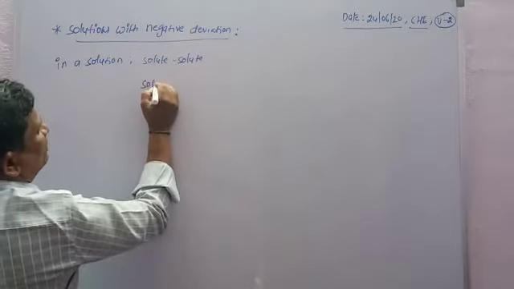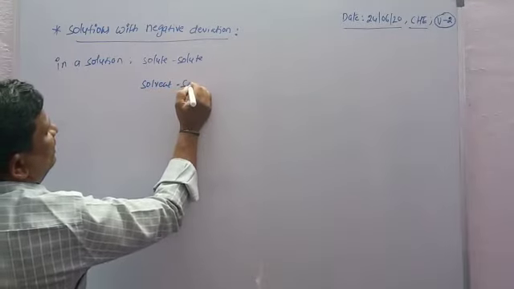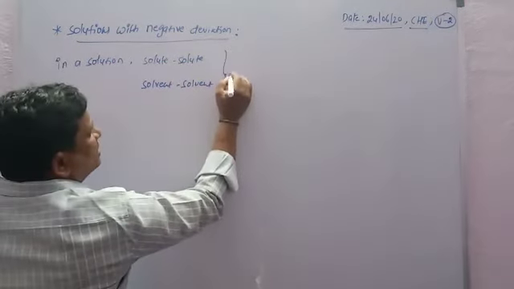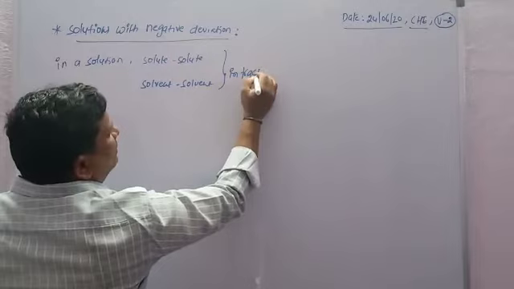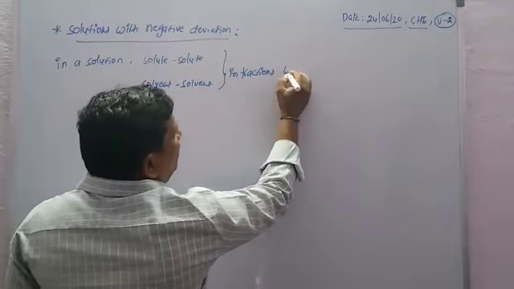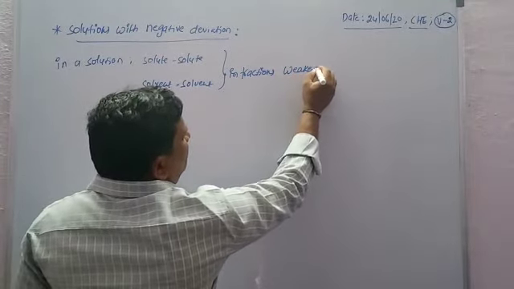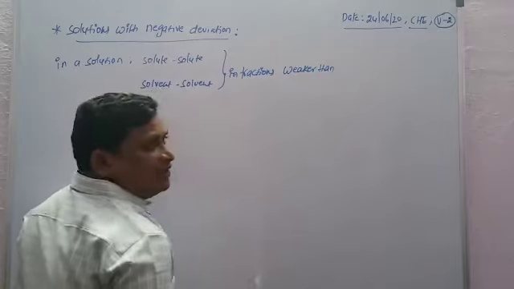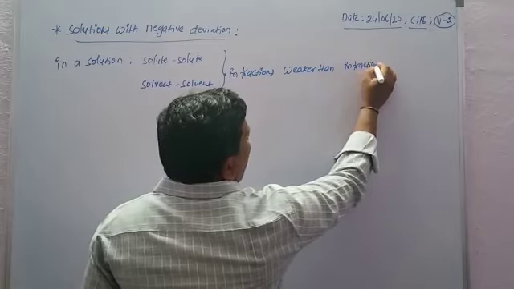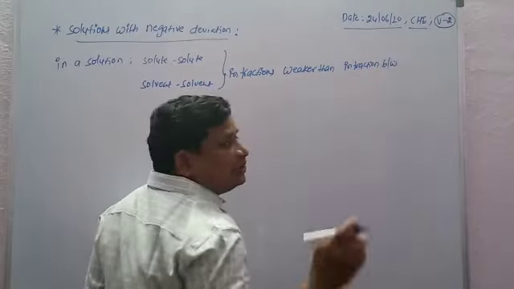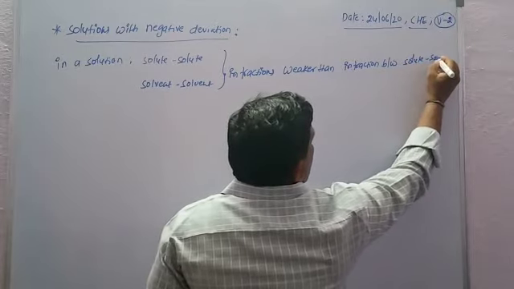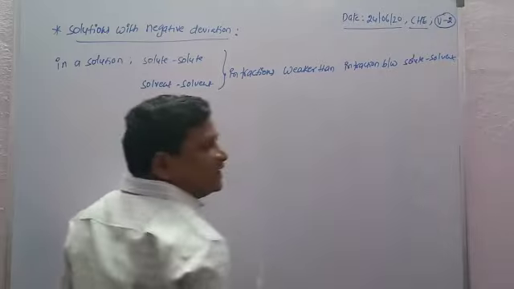Solute and solvent interactions are stronger than the interactions within solute and within solvent. So it is the negative deviation.